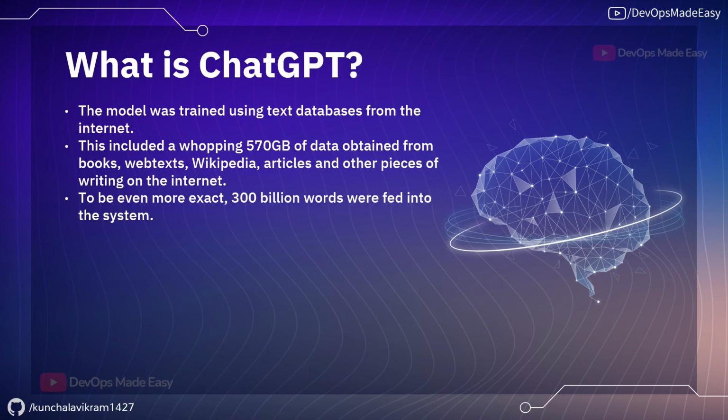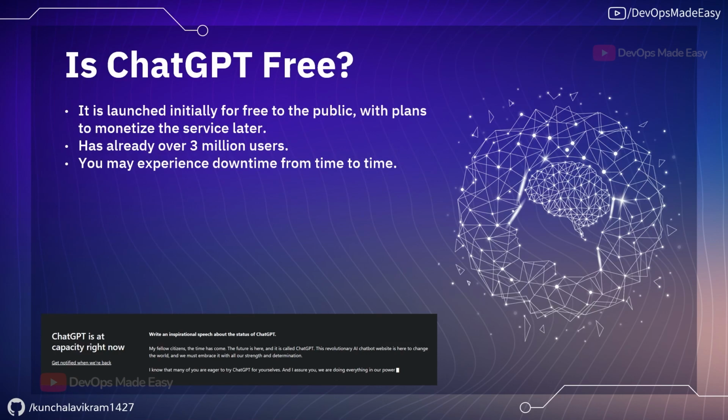To be more specific, more than 300 billion words were fed into the system to train it. This service was initially launched for free to the public, but OpenAI has plans to monetize it later. It already has over 3 million users. That's the reason why even if you try to access ChatGPT, you will face downtime from time to time.